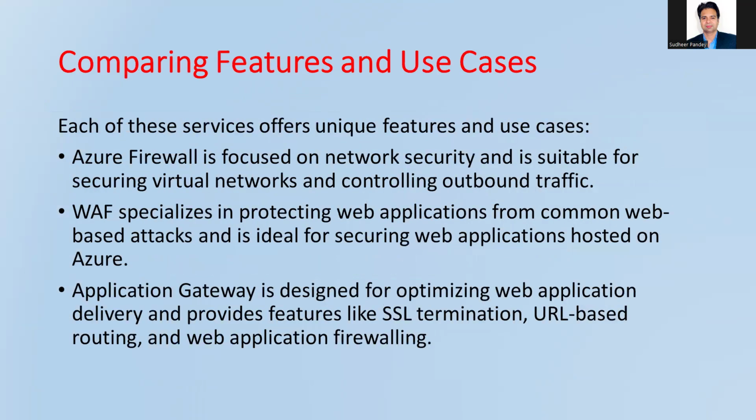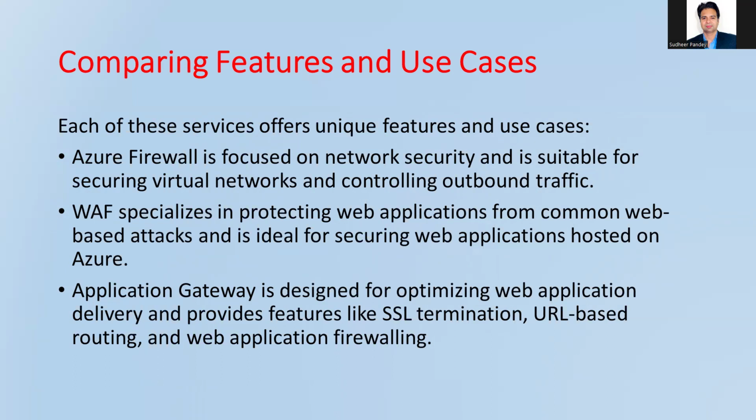Now, comparing features and use cases, each of these services, Azure Firewall, WAF, and Application Gateway, offers unique features and use cases. Azure Firewall is focused on network security, and is very suitable for securing virtual networks and controlling outbound traffic.